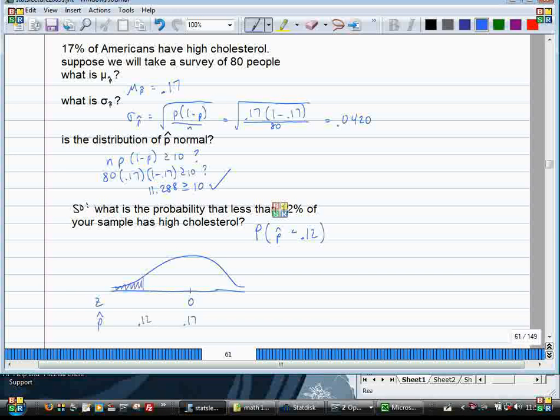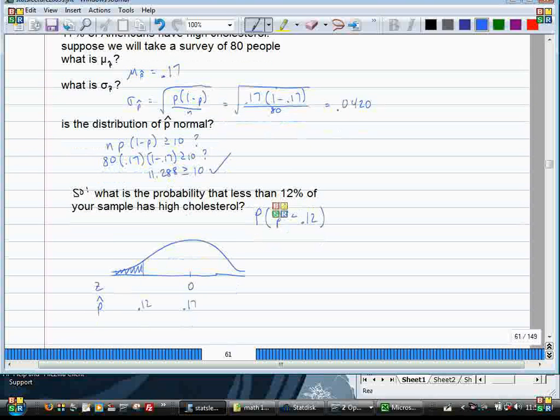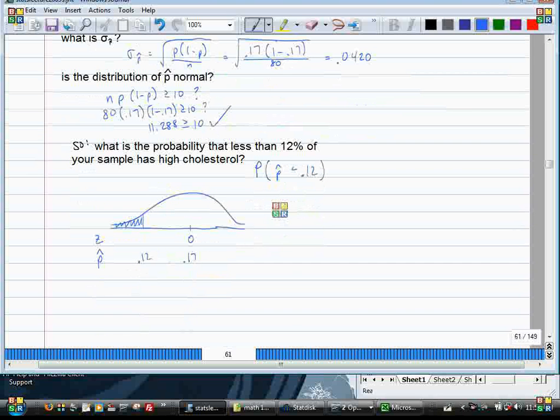So what's the next thing that we do? Let's find the z-score. When you're finding the z-score, which goes first?